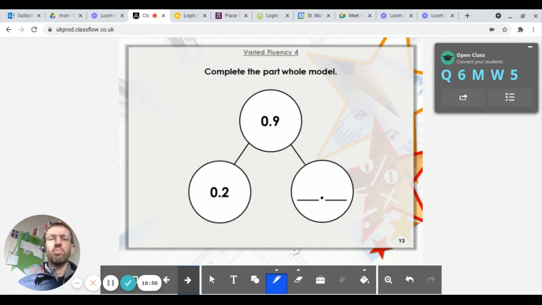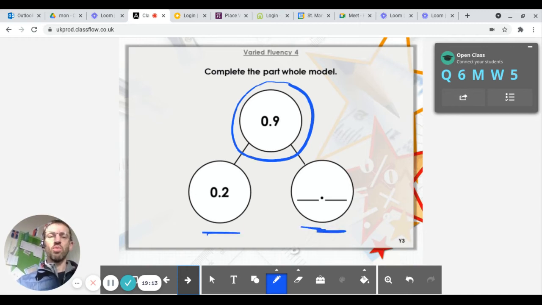So our part-whole model, we've got a 9/10, and that's the whole. Can you see that you've got 2 arrows going into that one? So 0.9 is our whole, and these are our 2 parts. So what 2 parts are going to make 0.9?